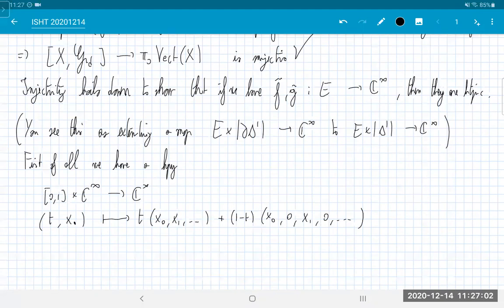You have this homotopy that's moving everything to the even numbered coordinates, and it's a homotopy through embeddings.